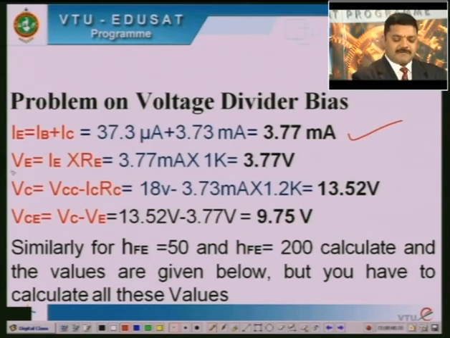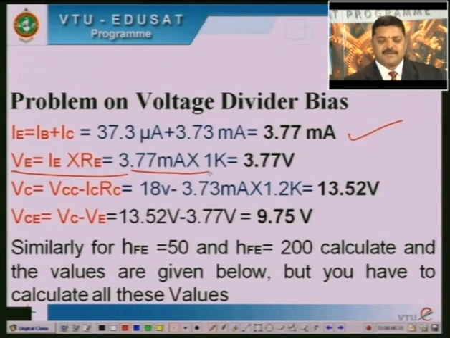Now, what is VE, which is asked in the problem? VE is given by IE into RE. IE is 3.77 milliamps into 1K, which is 3.77 volts. Then VC, the collector voltage, is given by VCC minus IC RC: 18 volts minus 3.73 milliamps into 1.2 kilo ohms.